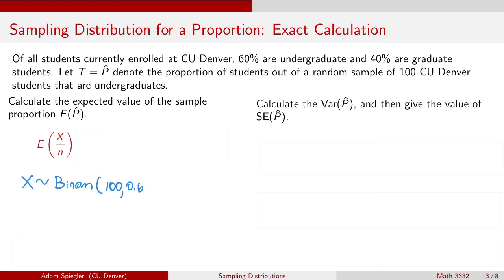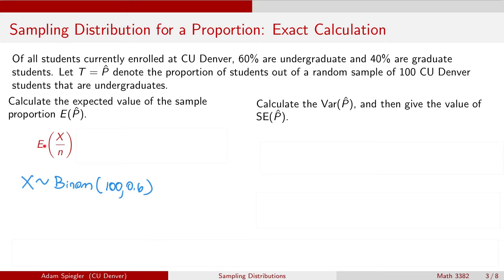And since we're picking these samples independently from each other, this random variable X is going to follow a binomial distribution where we're repeating 100 trials. Each trial is picking a student, and each student that we pick has a 60% chance of being an undergraduate.